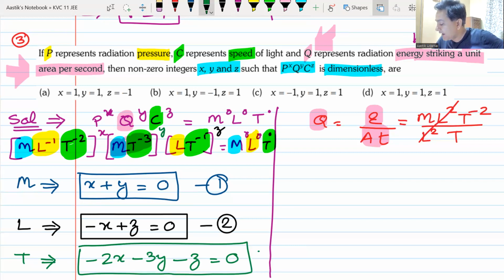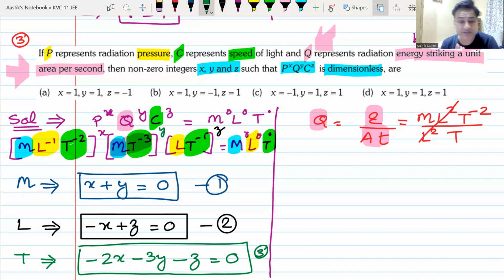That is my equation number 3. I'll have to solve 1, 2, and 3 simultaneously, and then I will get the value of x, y, and z. Are you getting this?